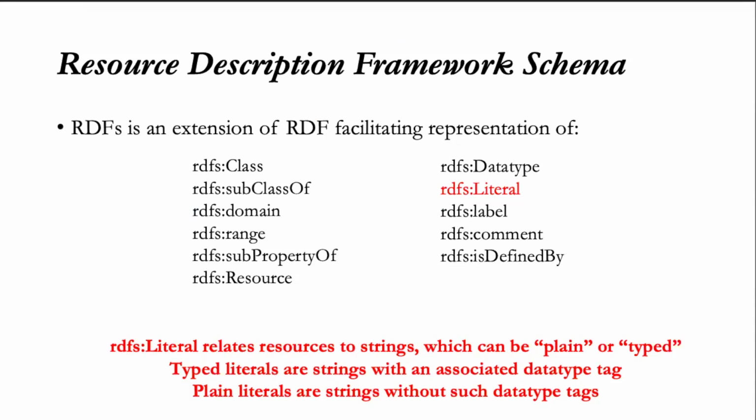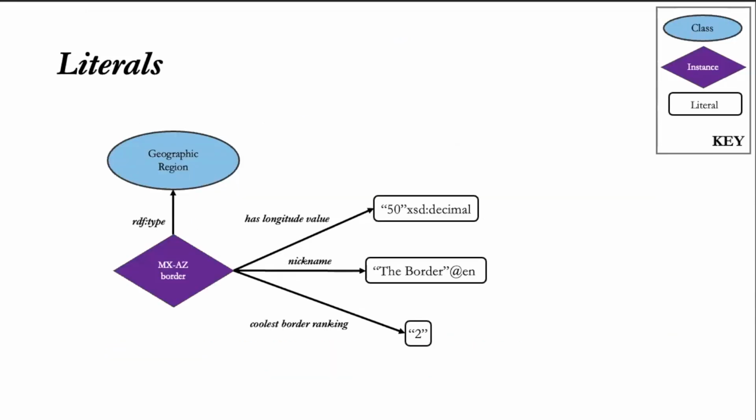A literal relates resources to strings, such as data typey things, which can be plain or typed. Typed literals are strings with an associated data type tag. Plain literals are strings without such things. For example, Mexico-Arizona border has longitude and value, string, XSD decimal. Also has a nickname, the border, with an ampersand meaning English.